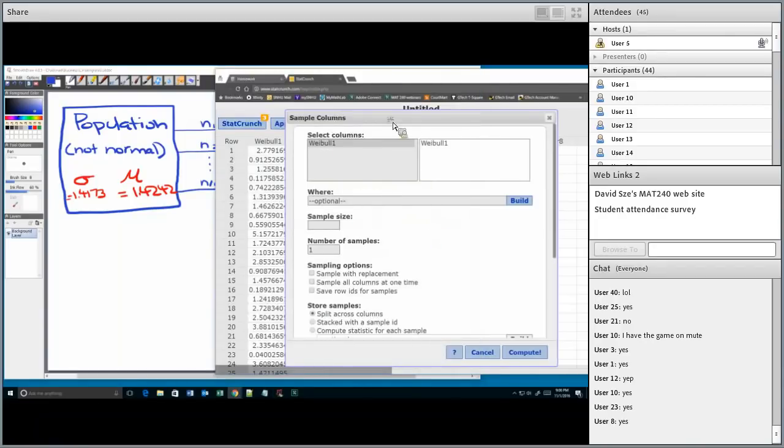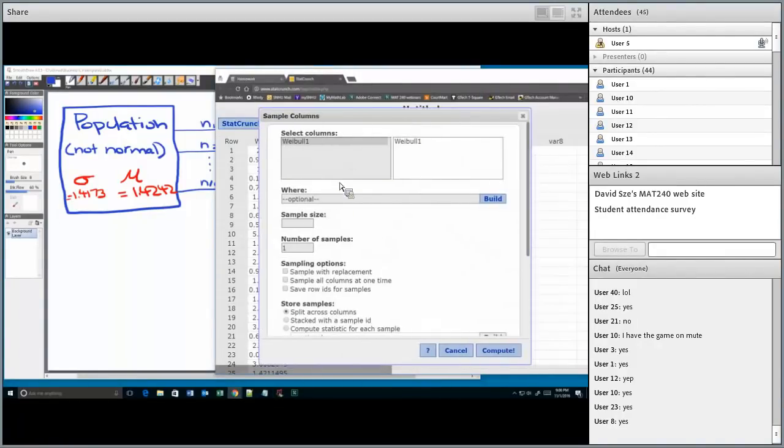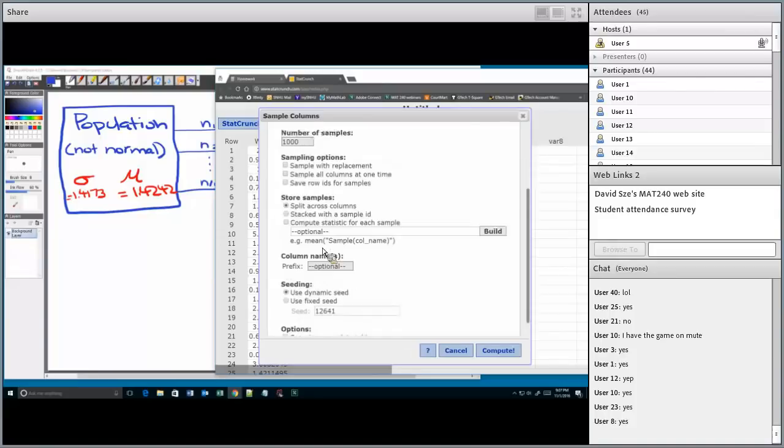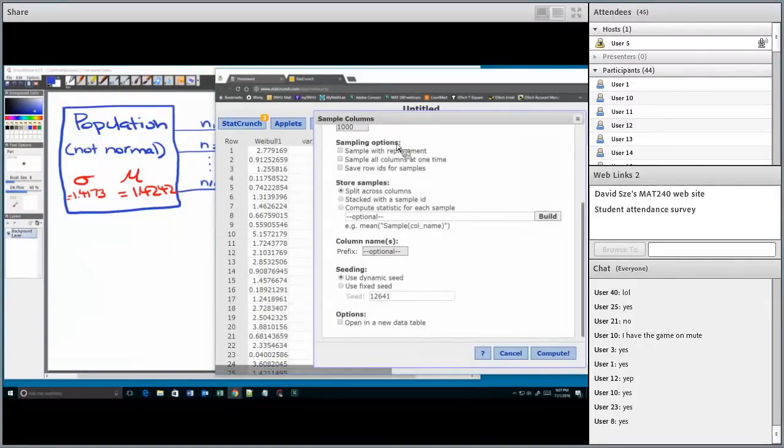So from this population that was not normal, I am going to take 1000 samples, each of sample size 100. And instead of saving the actual samples, I want to save their means. Each time a sample is taken, I calculate its mean and I save it.